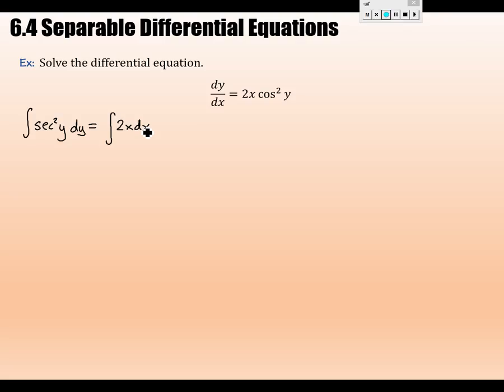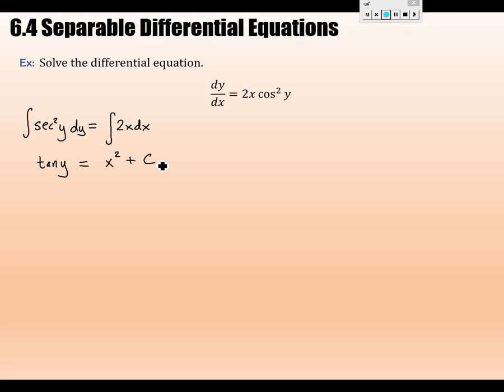Throw an integral in there. Luke, you were excited about this. What's the antiderivative of secant squared? Well, see, it's actually not an initial value problem because there wasn't one. So that's good. I guess we just found the general solution.